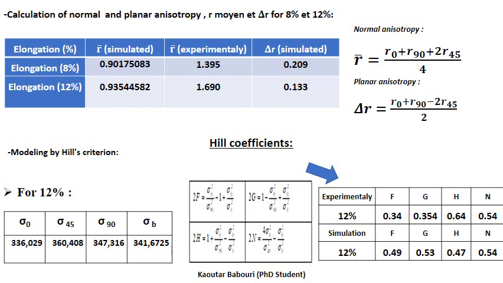Now, let's move to the calculation of normal and planar anisotropy. We use those equations and we get those results represented in this table, experimental and simulated. Then we pass to the modeling by Hill's criterion. For 12%, we calculated the Hill coefficients.